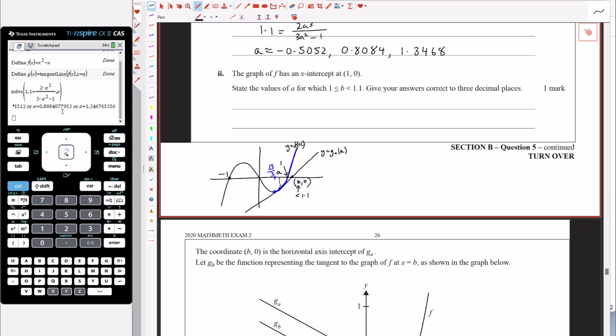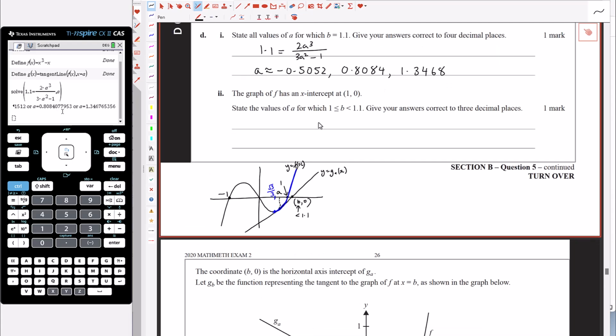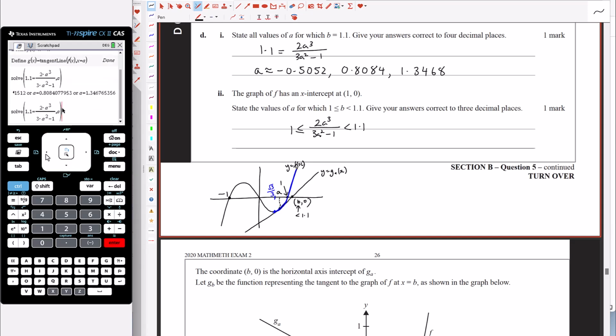So we've already got our expression for B. Our expression for B is 2a cubed over 3a squared minus 1. And we know that that's going to have to be between 1 and 1.1. So let's solve that. I'm just going to edit this one here. I'm going to solve.